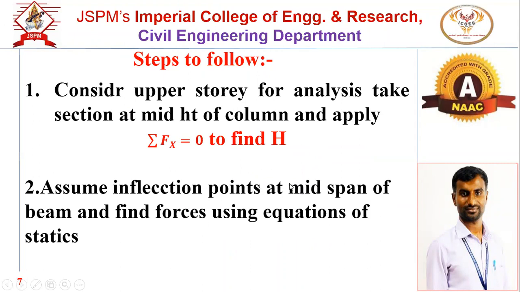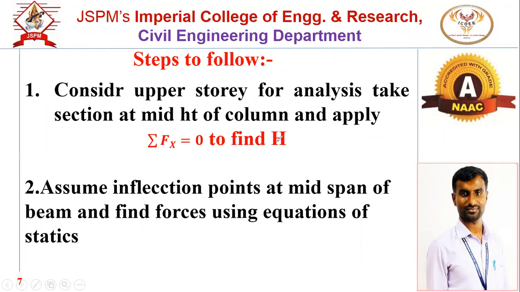Means take the section at center of beam and at mid height of the column and use the three conditions: summation Fx, Fy, and moment. So using equations of statics, three unknowns will be there.